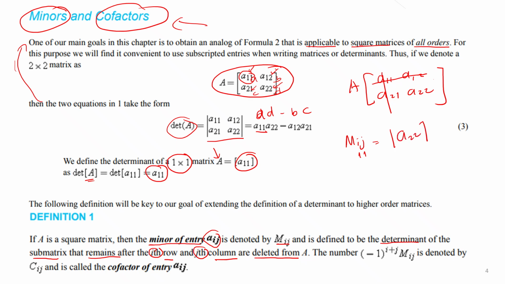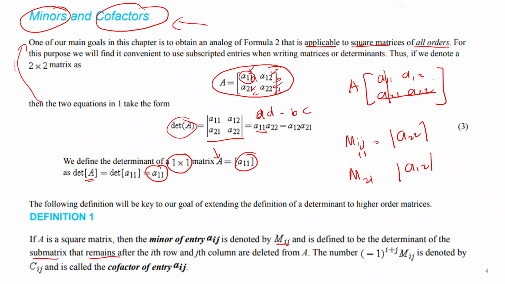Now try it again. What about the minor of A21? You need to delete the second row and the first column, so you have A12. Okay, that's about the minor of an entry.